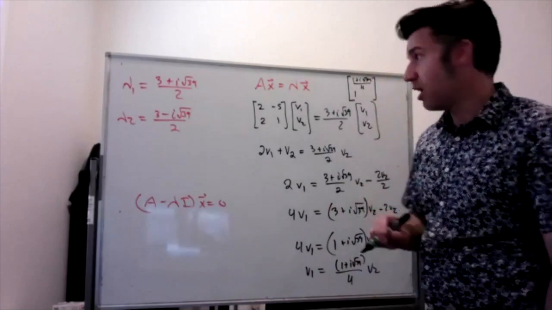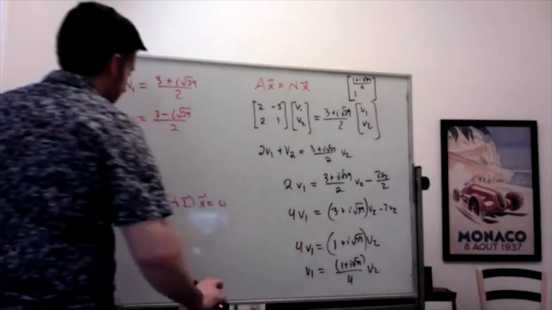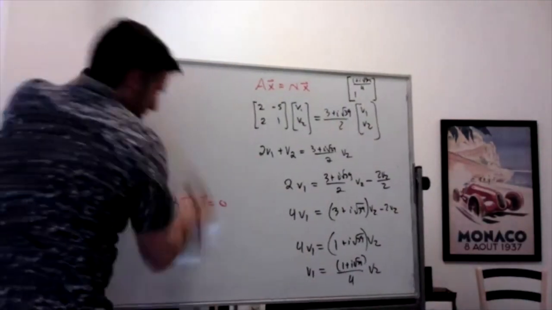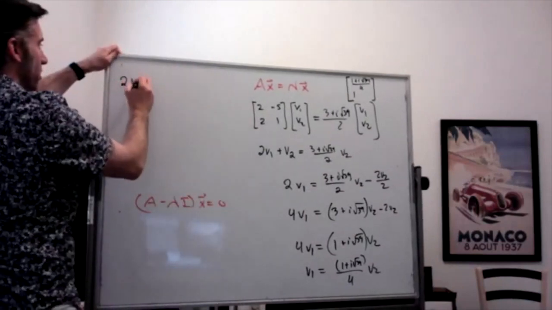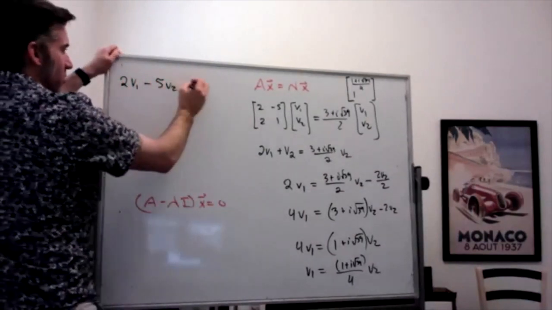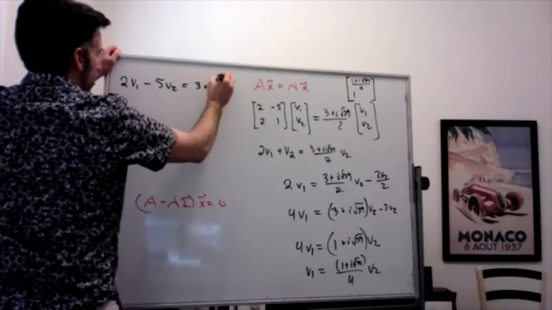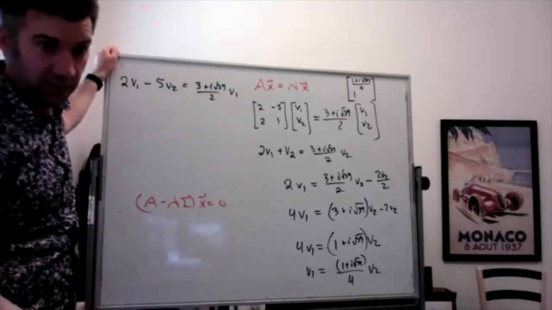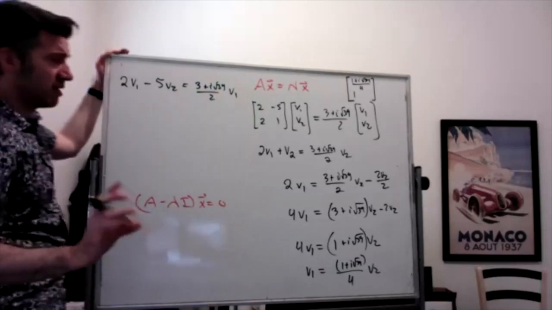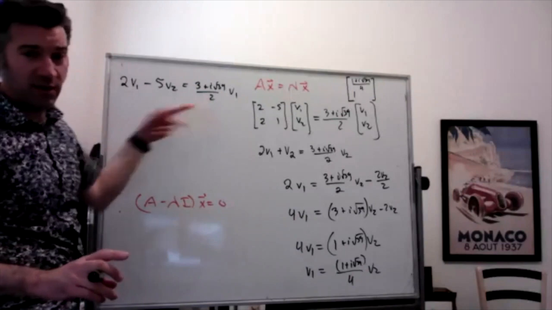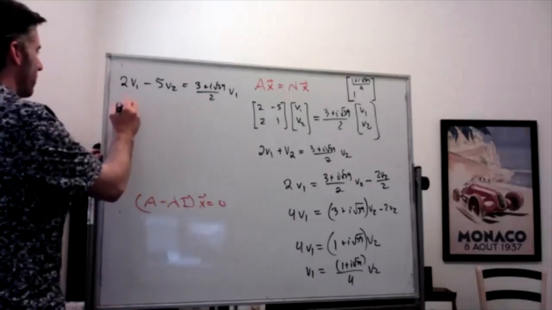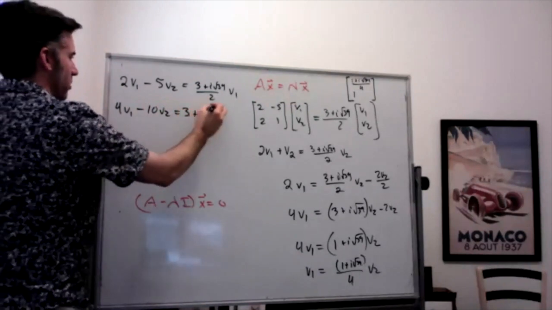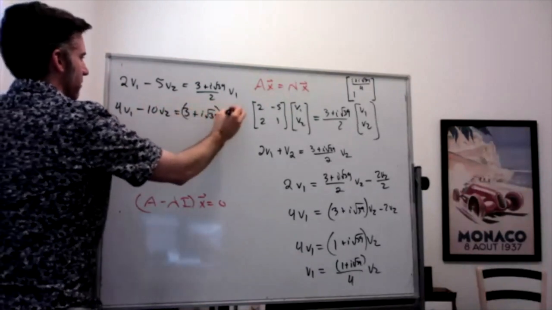I will point out that if we had used the first equation, so if we had done 2v1 minus 5v2 equal to (3 plus i root 39) over 2 times v1, you'll probably get an answer that looks different. Let's do this a little bit more easily. I would probably start by multiplying both sides by 2. So 4v1 minus 10v2 equals (3 plus i root 39) v1.